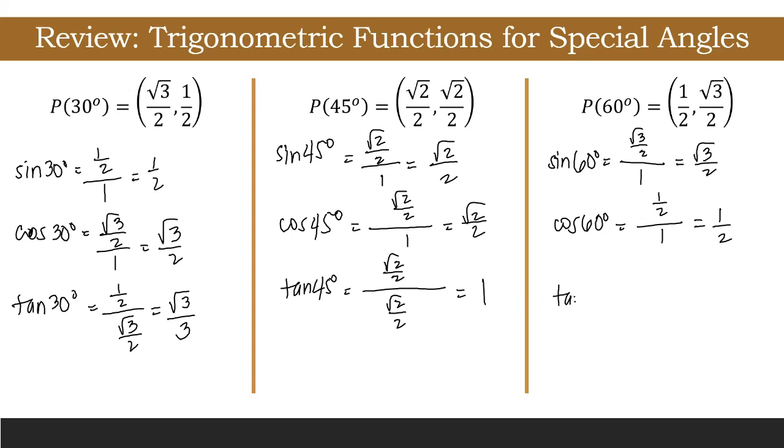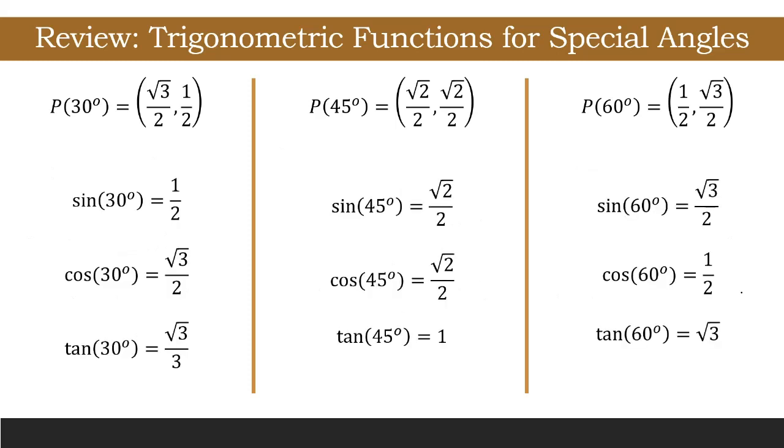And for tangent 60 degrees, we have y na square root of 3 over 2 at x, 1/2. So, dividing, we just have square root of 3. So, to sum it up, ito yung 3 na trigonometric functions for each of the special angles that we have. Gagamitin natin ito mamaya sa mga example, so make sure you have a copy of this.